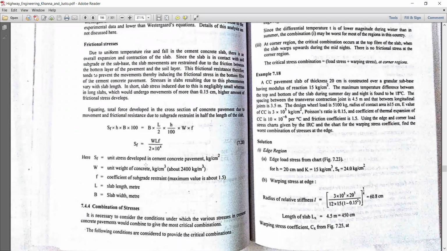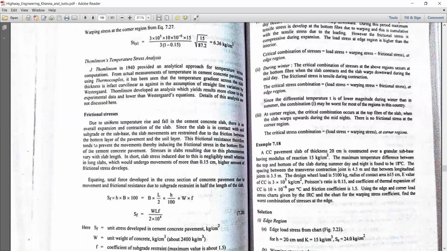How can the critical condition of the cement concrete pavement be determined? It is based on the seasonal factors. What are the seasonals? During summer season, what happens to the cement concrete slab?